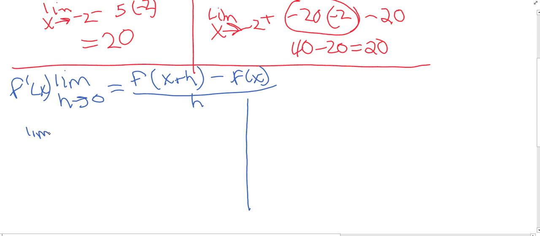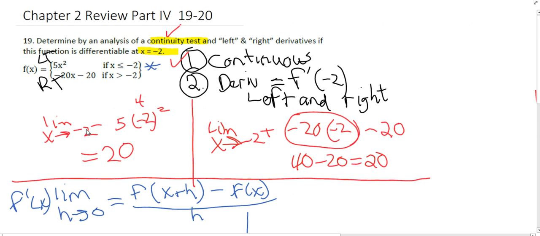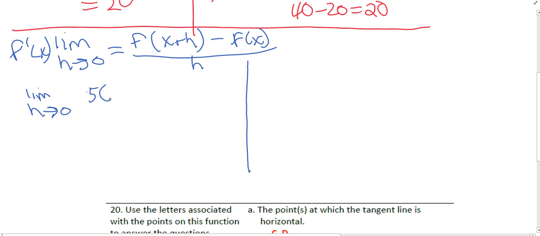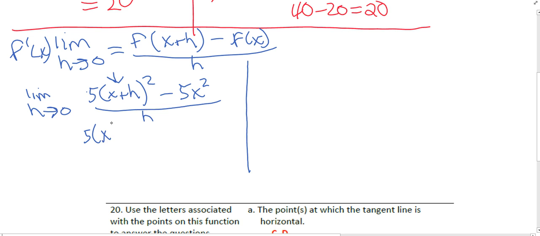So it's the limit as h approaches 0 of 5 times x plus h, quantity squared, minus 5x squared, all over h. And of course we're going to FOIL this first term out with the h in it, and then distribute that 5 to it, and then do our simplification. So we have 5 times x squared plus 2xh plus h squared minus 5x squared.